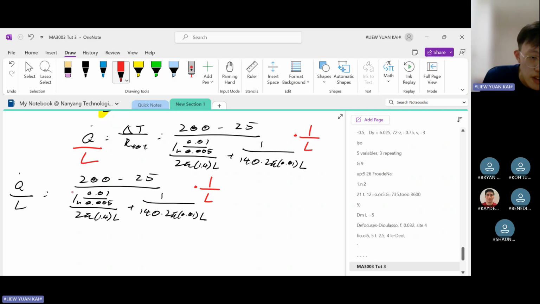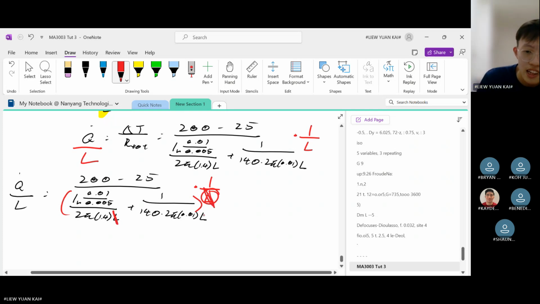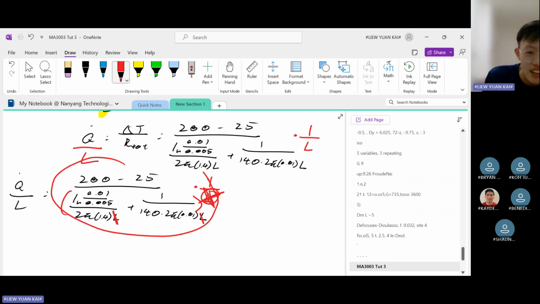In the denominator, we have these terms multiplied by L, so this L and this L will cancel. Likewise, this L will cancel out with this L also. So in the end, all the L's on this side will disappear, and all of these are just numbers.